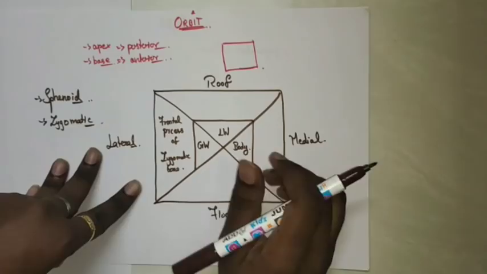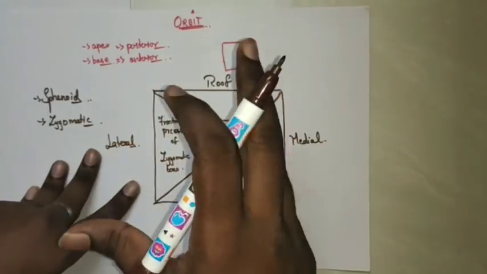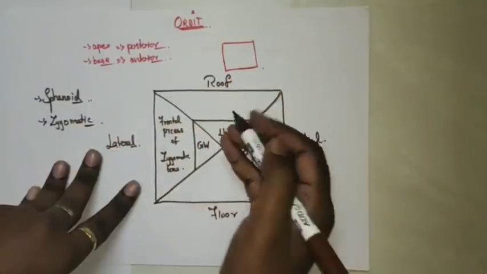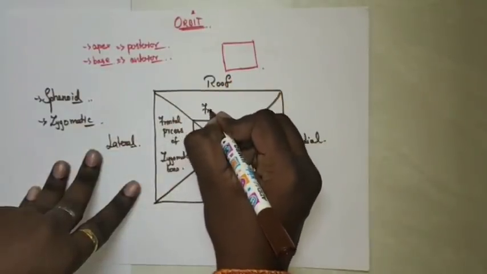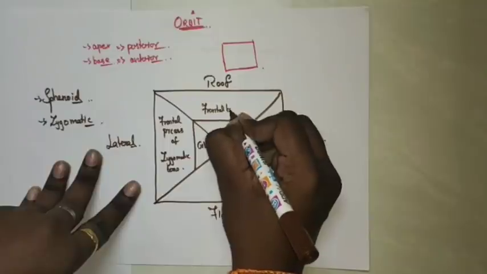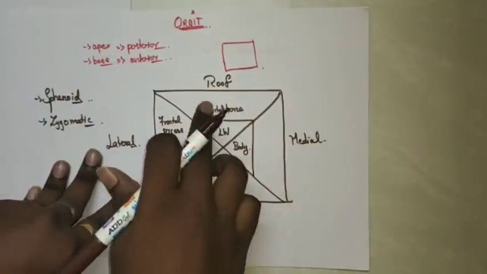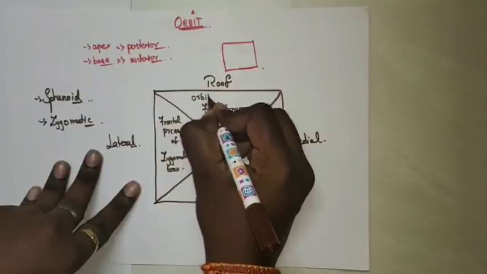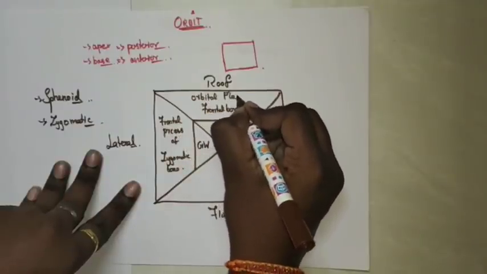And over the roof, we all know the major bone of the skull over the roof is frontal bone. So the roof of the orbit is formed by the orbital plate of frontal bone.